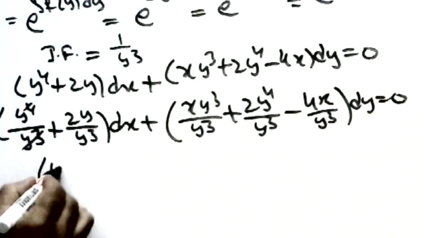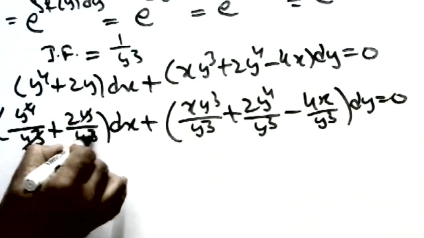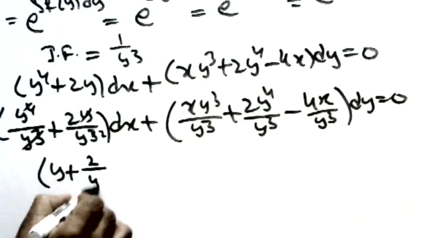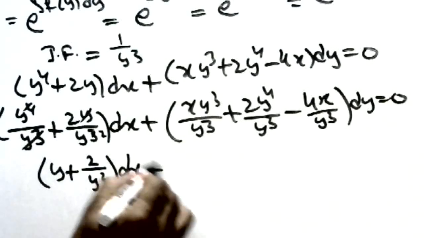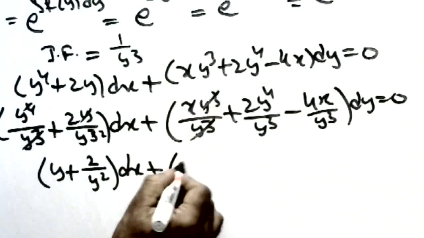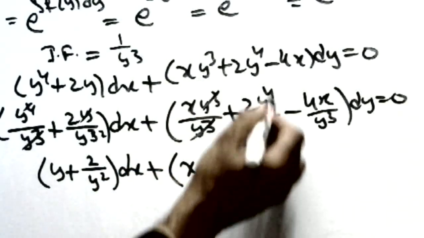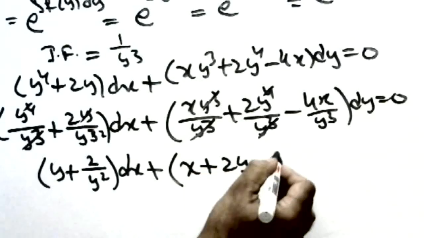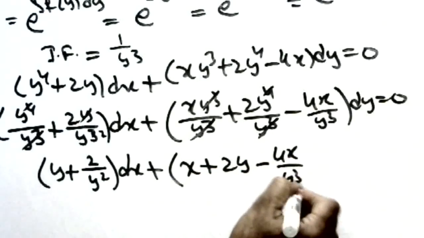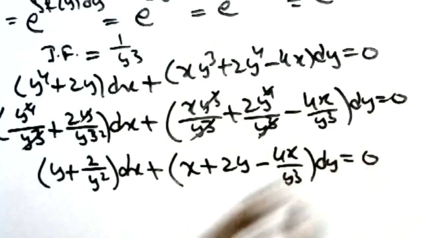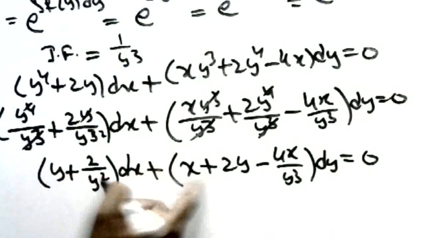Now let me cancel this one. y³ cancels, we are left with y. If we cancel this, we are left with y² in the denominator, dx, plus left with x, and y minus 4x by y³, dy equals 0.